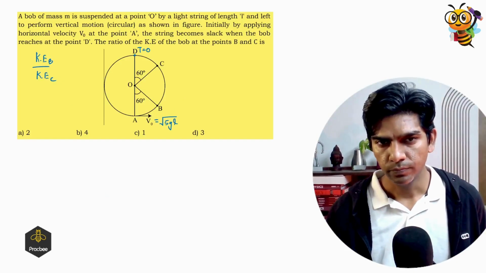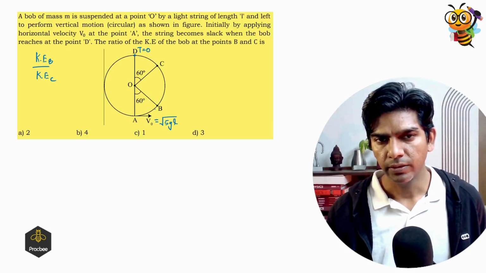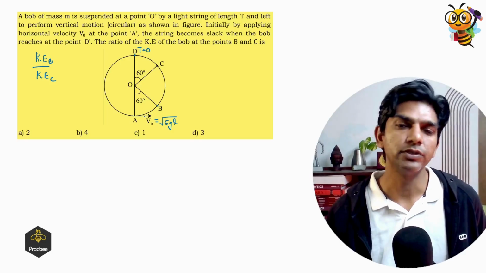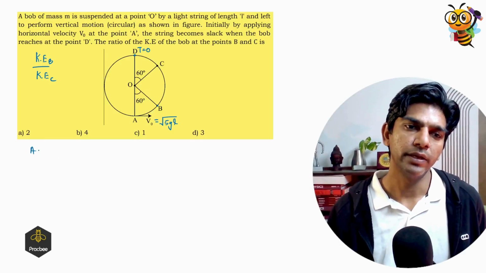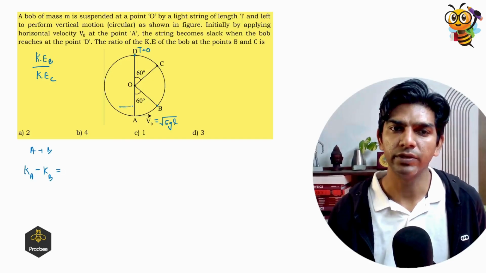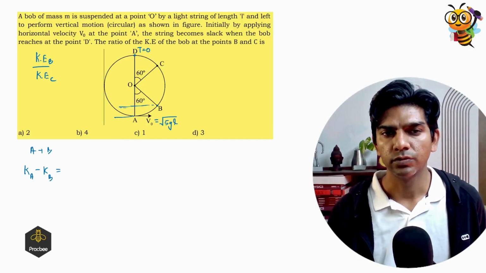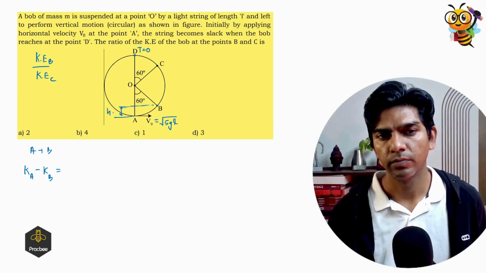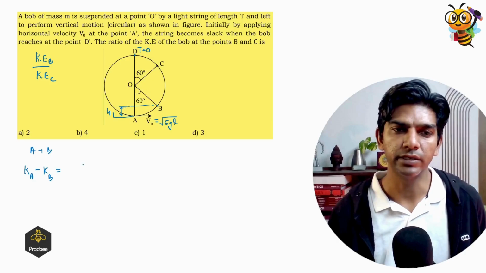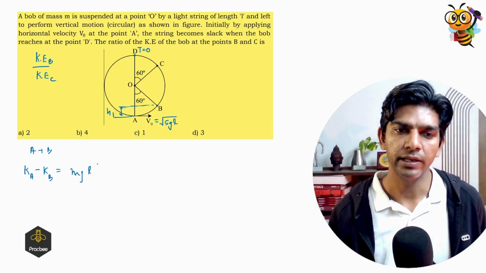So what we can do is find the kinetic energy at B by using energy conservation between A and B. From A to B, kinetic energy at A minus kinetic energy at B will be equal to the gain in gravitational potential energy, which will be mg h1, where h1 is L minus L cos theta. So that will be mgL(1 minus cos 60 degree).